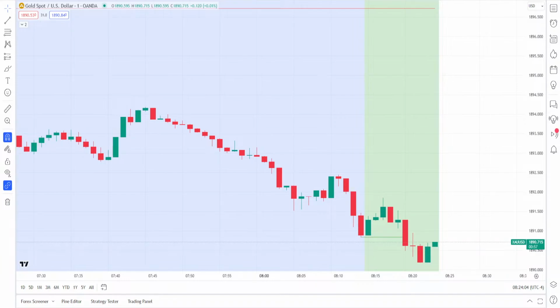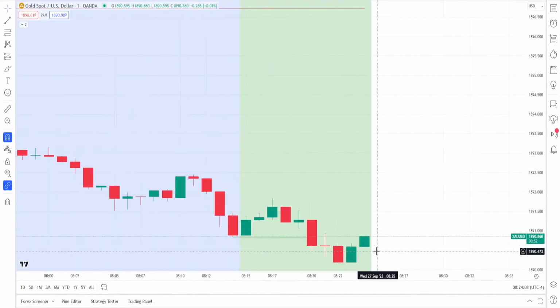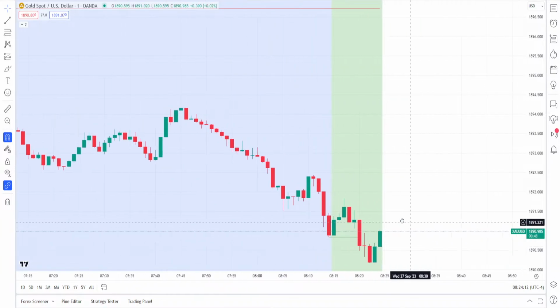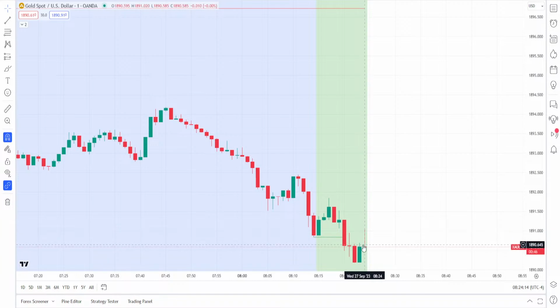Did it give us an engulfing that we needed? It did not engulf, so we're not going to take that. If it did engulf there, we would have taken it, but it kind of came back down, so we're still waiting.